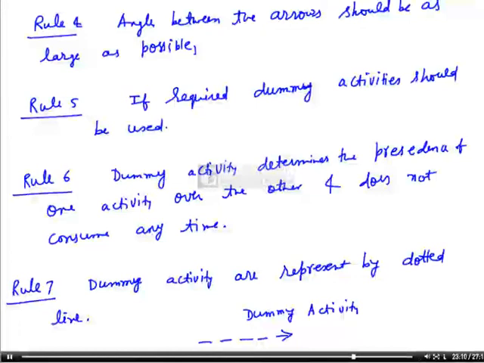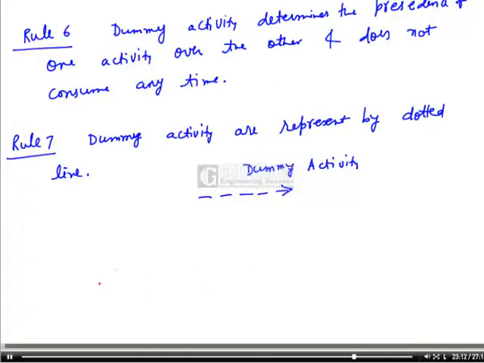For example, two activities cannot have the same starting and ending point. Such confusion can be avoided through dummy activities. For example, this is I, this is J, and we have activities like this. Two activities A and B both have the same starting and ending point, so this is not possible.